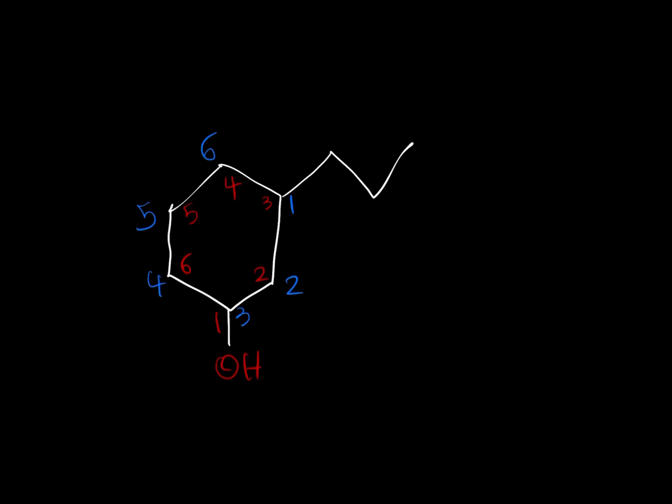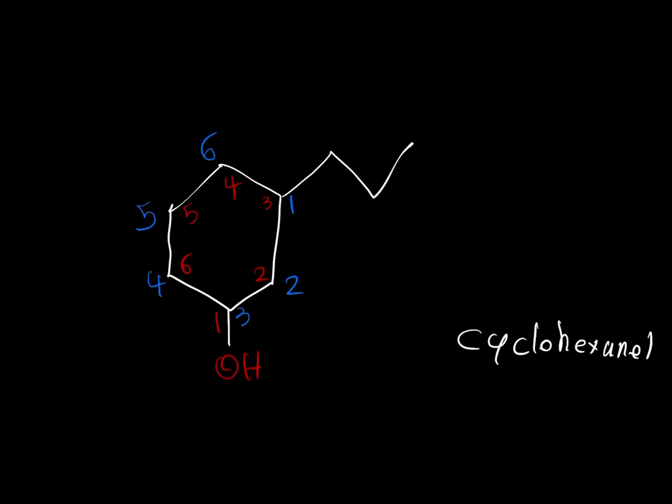So this is cyclohexanol because it has 6 carbons. And on position 3, we said the red one was correct, there's a propyl substituent.